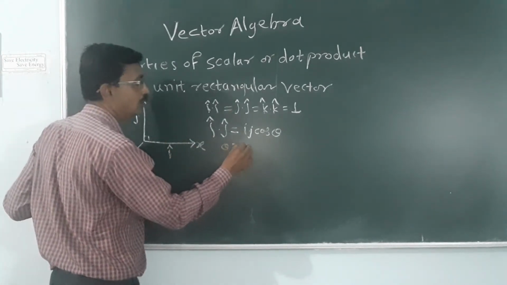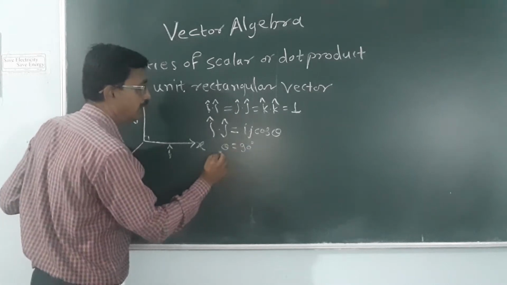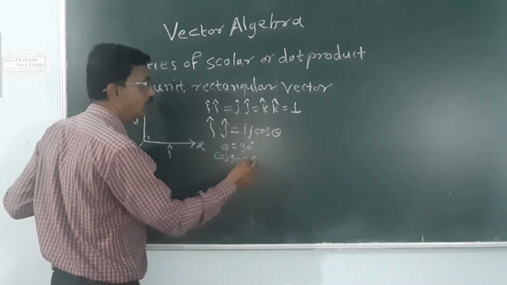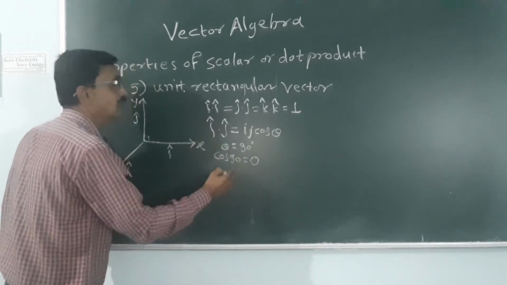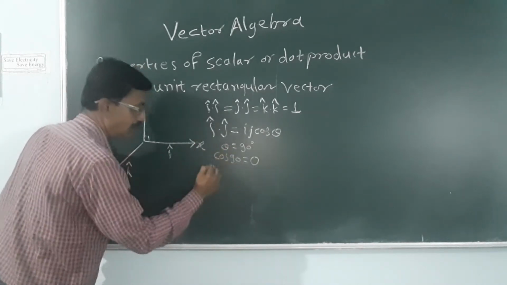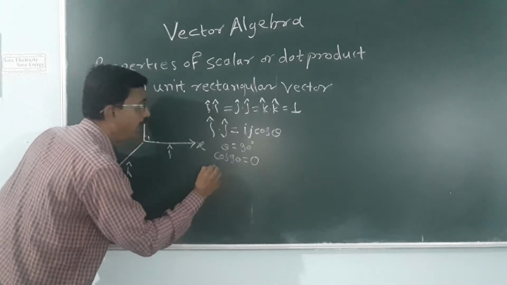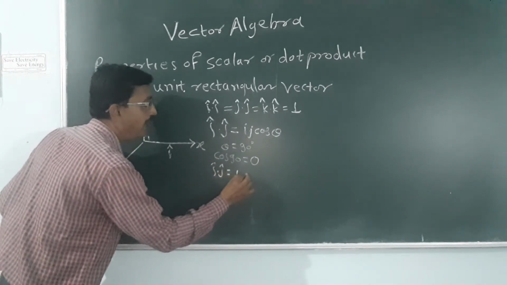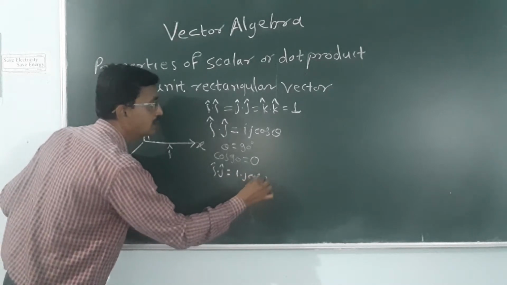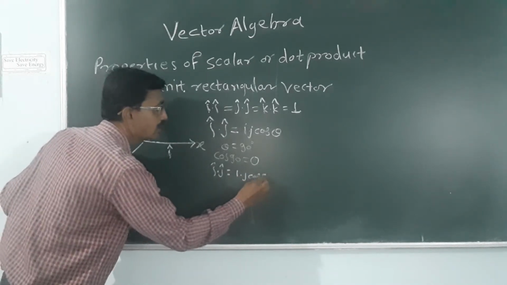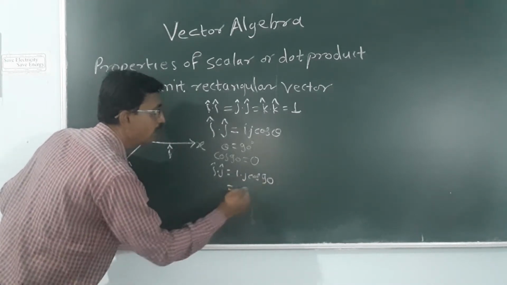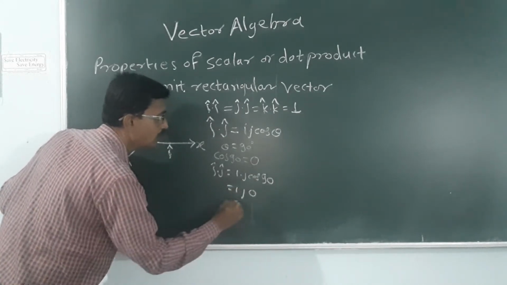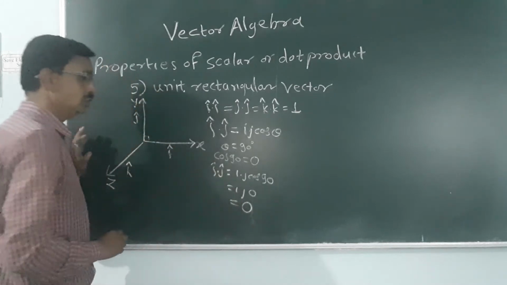Therefore theta is equal to 90 degrees, and as you know mathematically, cos 90 is equal to 0. Therefore this equation becomes i dot j is equal to i j cos 90, this value is 0, so i dot j into 0, and the total value becomes 0.